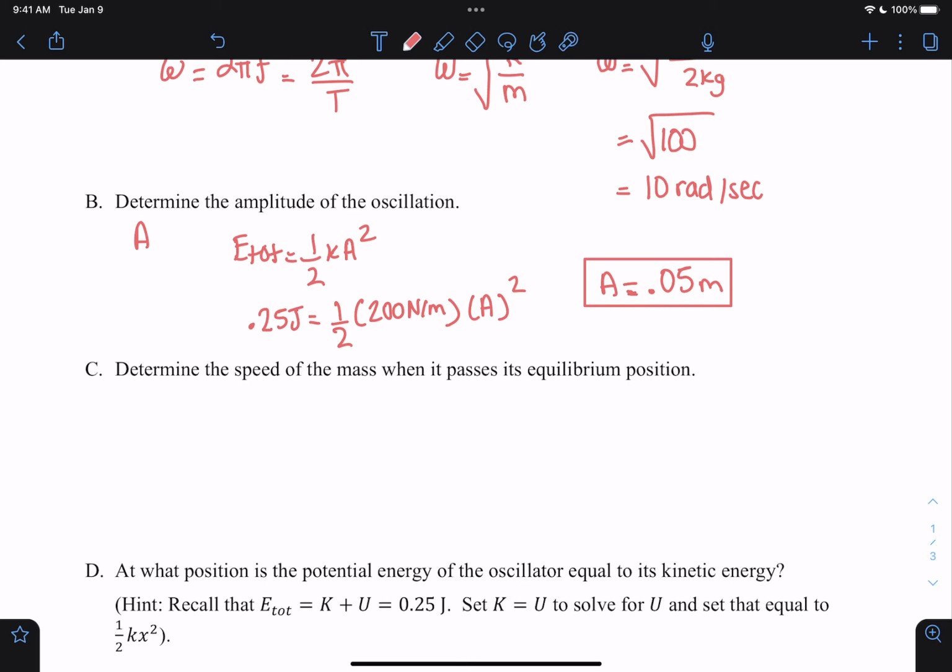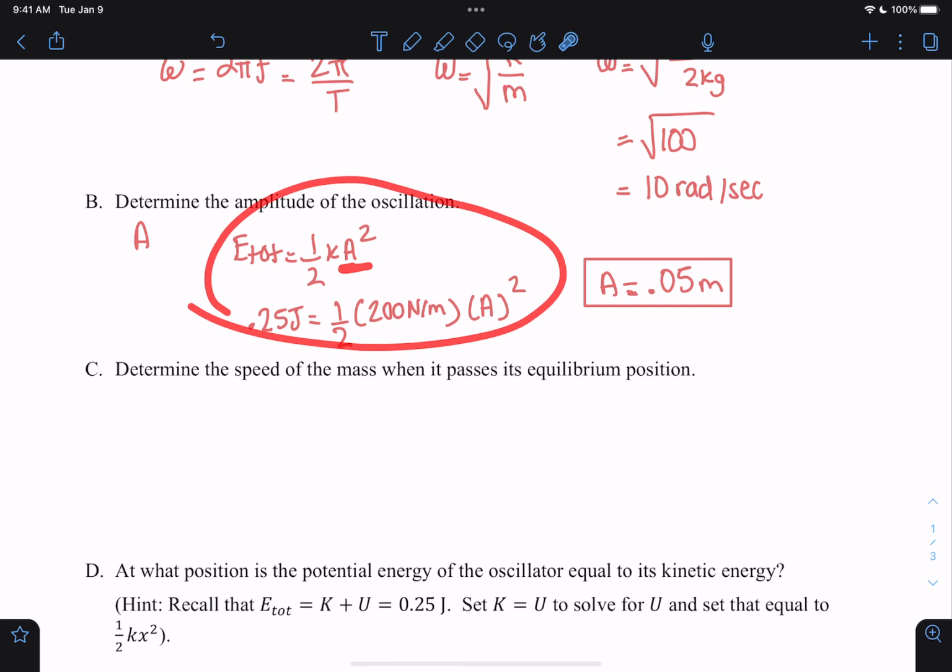Let me double check that, and go ahead and double check it as well with me. Yep. That would be the way to figure this out.